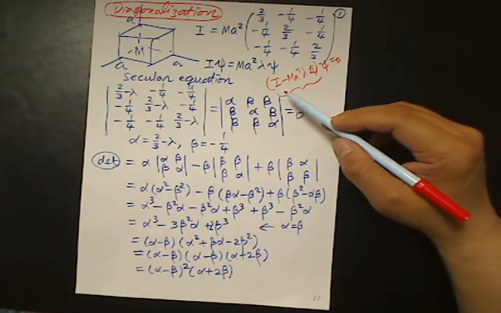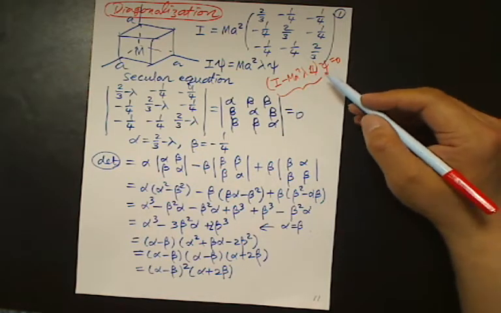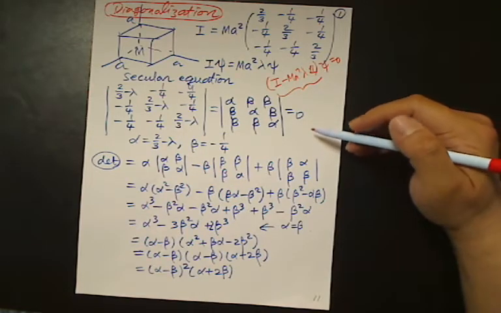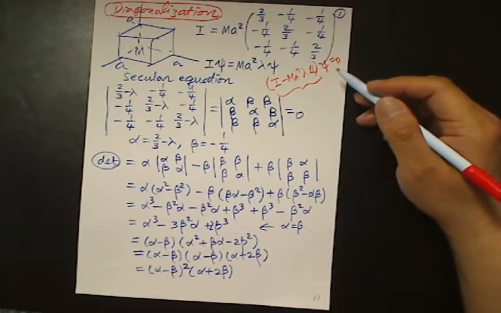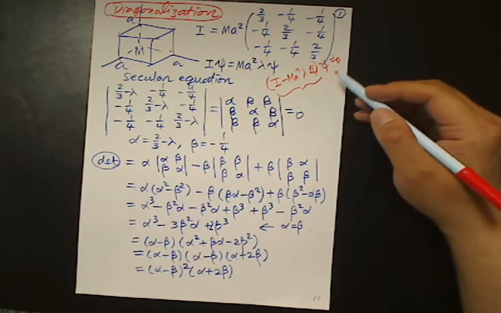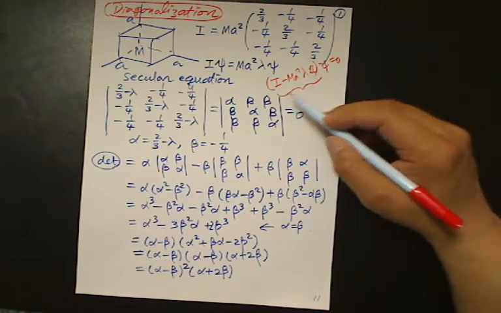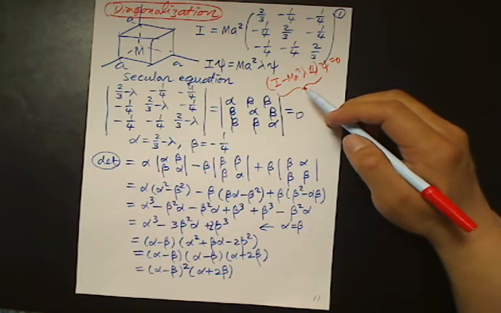If I multiply the inverse matrix here, we find psi equals 0. That means psi has only a trivial solution, where all components vanish, but we don't want that. There must exist a non-vanishing psi. In that case, the determinant must vanish so that it does not have any inverse matrix.